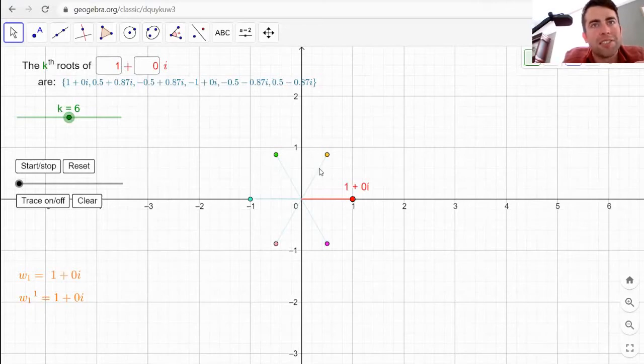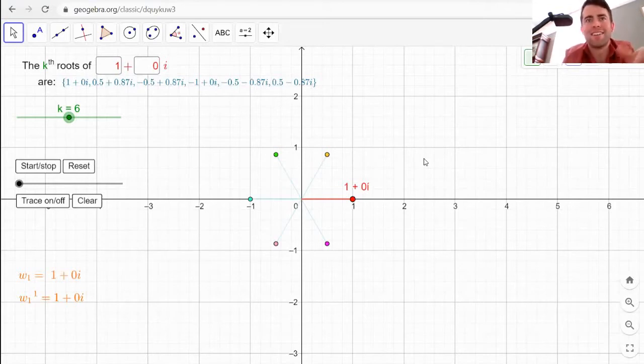And then these other ones that crop up are like the negative version of those. This yellow one is the negative of this pink one, and this purple one is the negative of this green one. It's like flipped around. But importantly, the 6th roots of unity include both the second roots of unity and the third roots of unity.